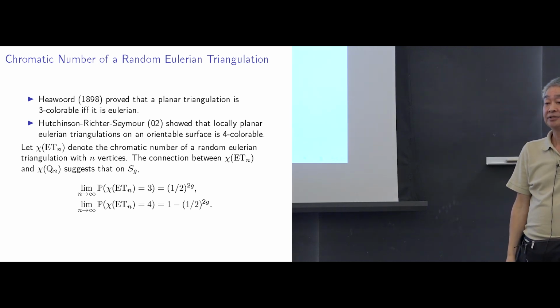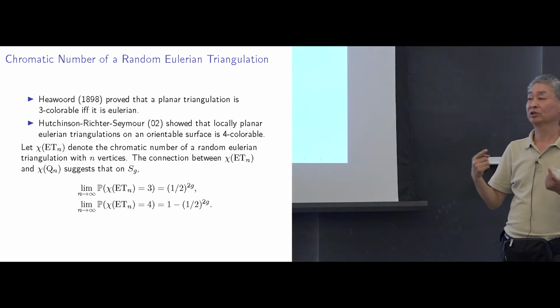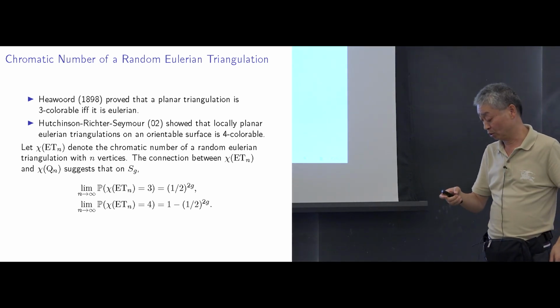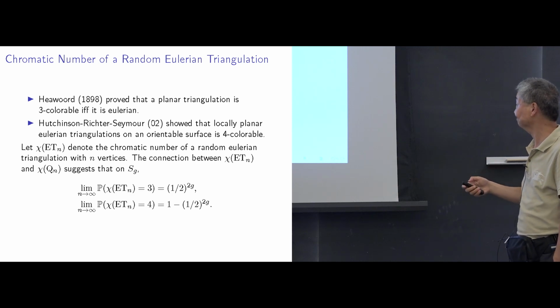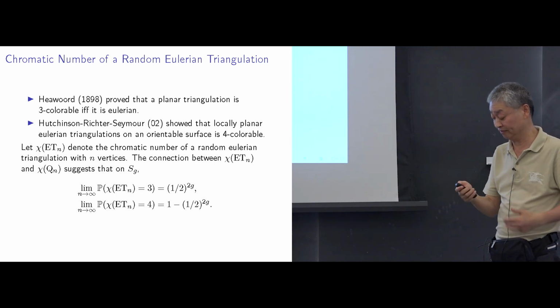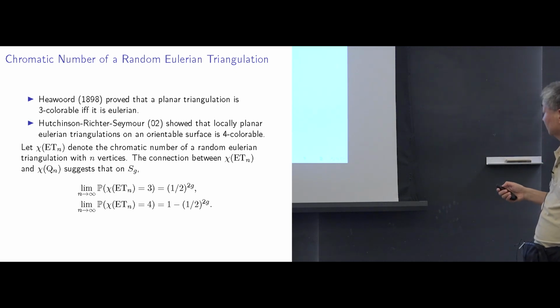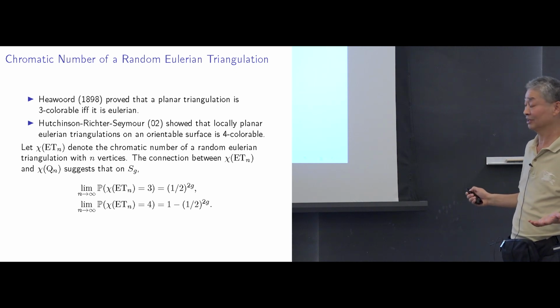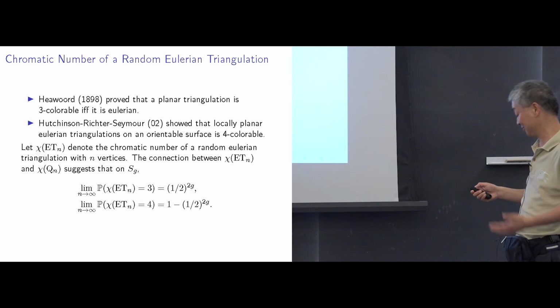So there is such a simple connection between the chromatic numbers of Eulerian triangulation and the quadrangulation or even embeddings. Now, on the plane, of course, it is known that a planar triangulation is 3-colorable if and only if it's Eulerian. So that also makes the Eulerian triangulation very special.